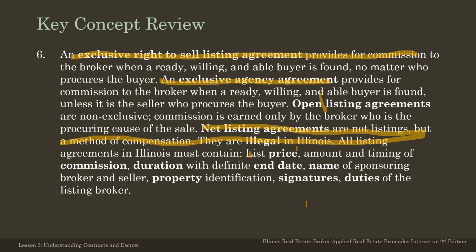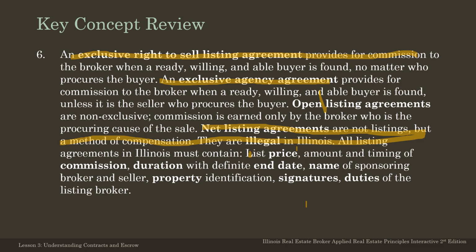Net listing agreements are not, in fact, listings. Net listing is really just a way you get paid. It's a method of compensation. Net listing, the seller says, list my property. I want to net $300,000. Anything after I pay all my expenses, including any of the closing costs, and if you sell it for more than 350, anything above that you keep as a commission.